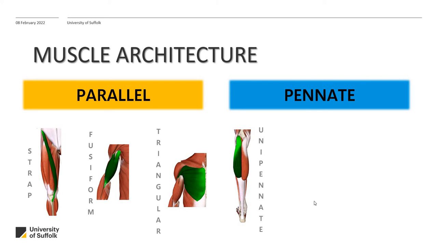You have a unipennate muscle, such as the outer head of the gastrocnemius here.